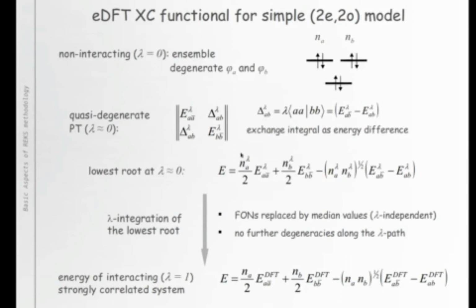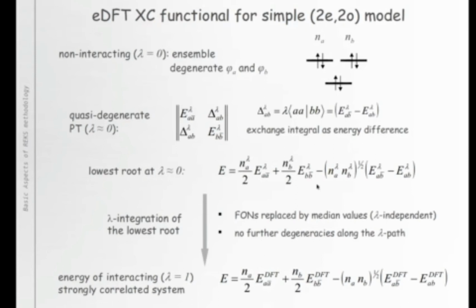I solve it in the same way as I showed before, expressing the energy of the ensemble state through the energies of individual ensemble components. So these are the energies of individual ensemble components, and this is the coupling term. In the limit of strictly non-interacting electrons, this term will vanish, because this energy will become equal to that energy. Broken symmetry becomes equal to triplet if lambda is 0. And therefore, I end up with a strict ensemble representation of the energy of the non-interacting electrons.